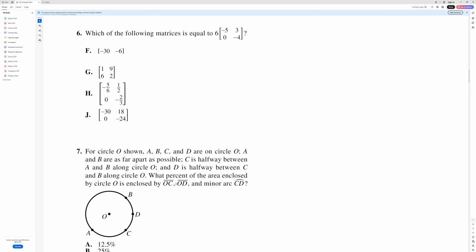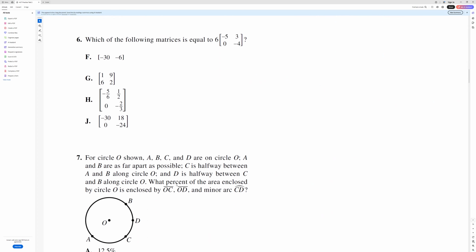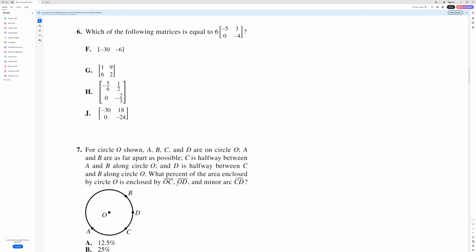Okay, so now which of the following matrices is equal to this? The way we're going to treat that is like a distributive property, and the position does not change. We need to multiply 6 times -5, and that's -30. Let's keep an eye on the answers.